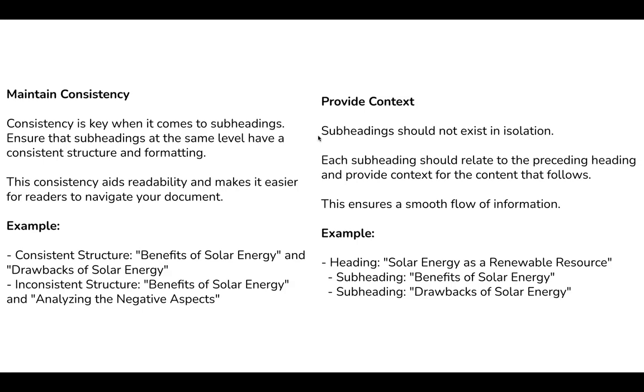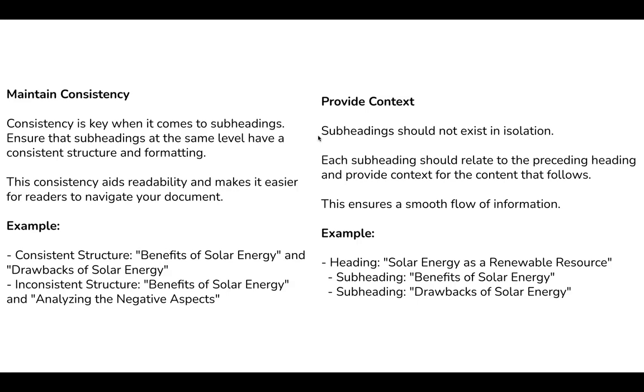Because you've communicated a lot of other points and different things between the sections. So we should make it easy on them by stating, okay, benefits of solar energy. So they know that we're talking about solar energy.